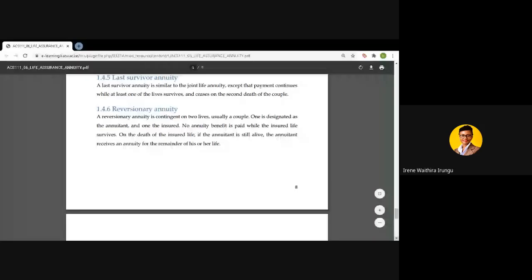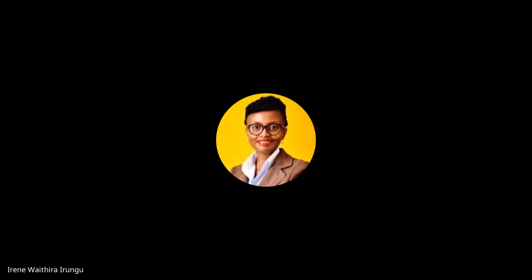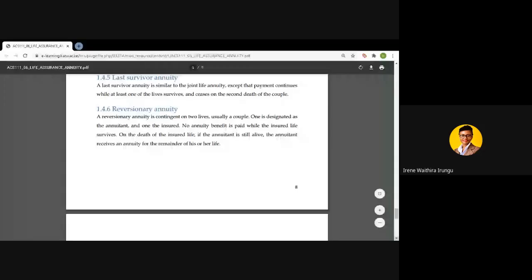No annuity benefit is paid while the insured life survives. On death of the insured life, if the annuitant is alive, then the annuitant receives an annuity for the remainder of his or her life. So in this case, one person, the annuitant, is the one who is entitled to receive this annuity benefit.